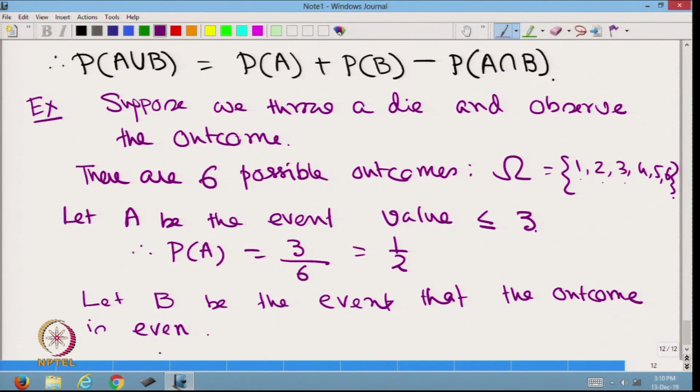Therefore, we know the probability of B: the event B occurs when the outcomes are 2, 4 and 6. Therefore, probability of B is again 3 by 6, is equal to half.